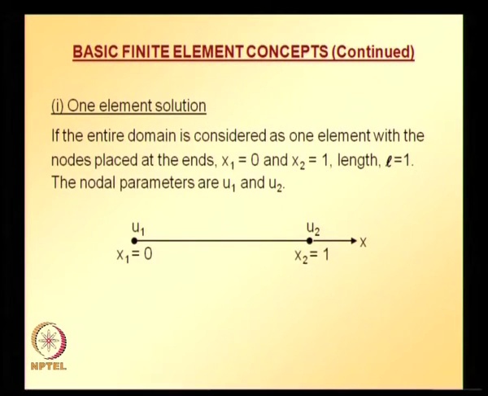And now for this element, you know what is node 1 and what is node 2. So you can easily write the trial solution as N1 u1 plus N2 u2, and from the nodal coordinate information that is given to you here, you can easily find what N1 and N2 are. Also, an essential boundary condition is prescribed for this problem: u evaluated at x equal to 0 is 1.